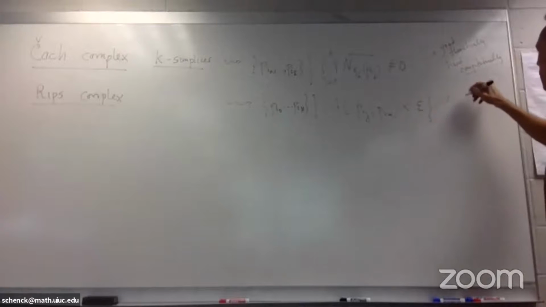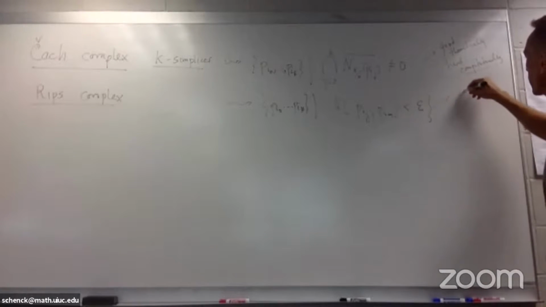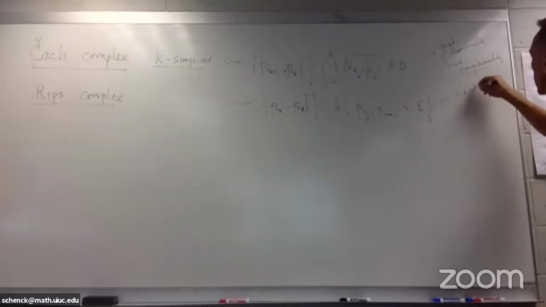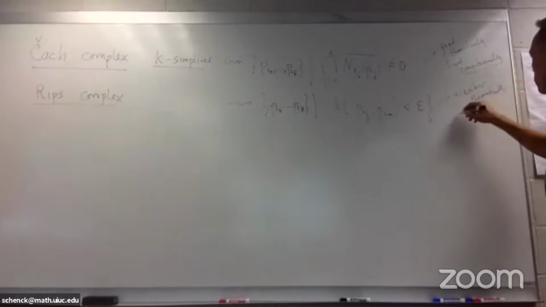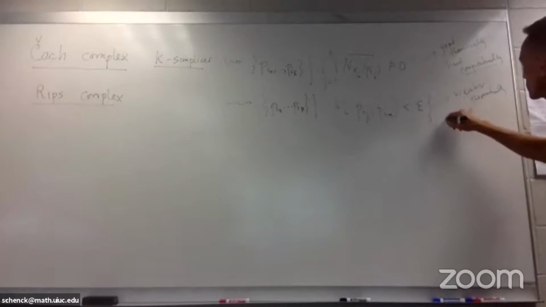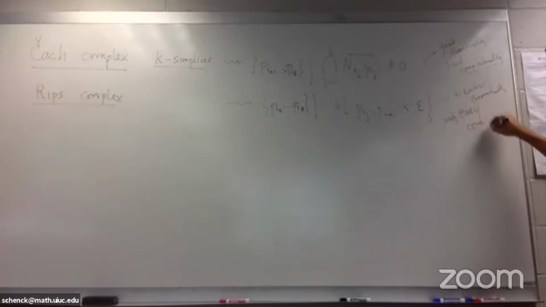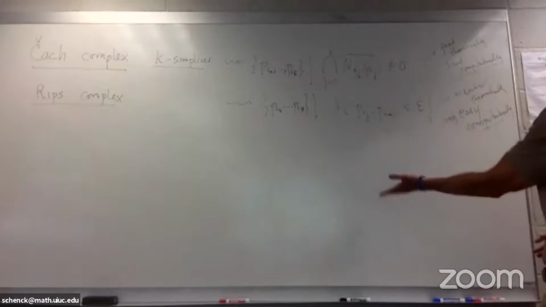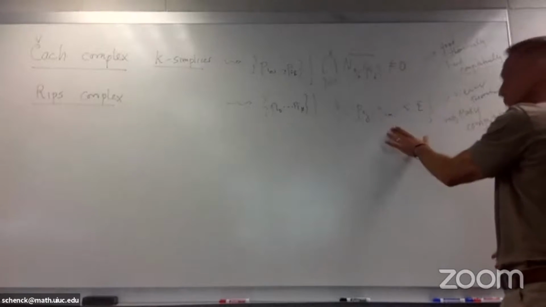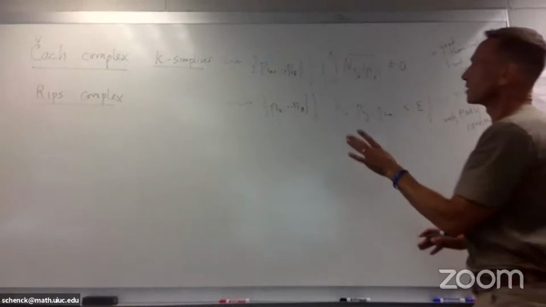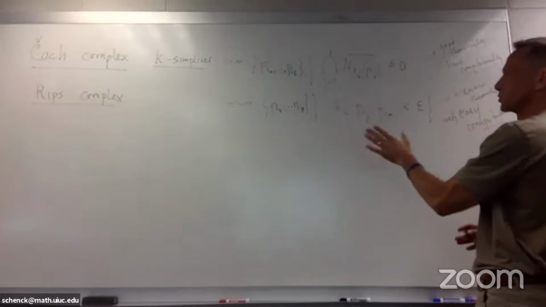This one is not so good, let's say weaker theoretically, but pretty easy computationally. So there are advantages to each of these 2 complexes. The point is that these are giving us ways to get simplicial complexes.